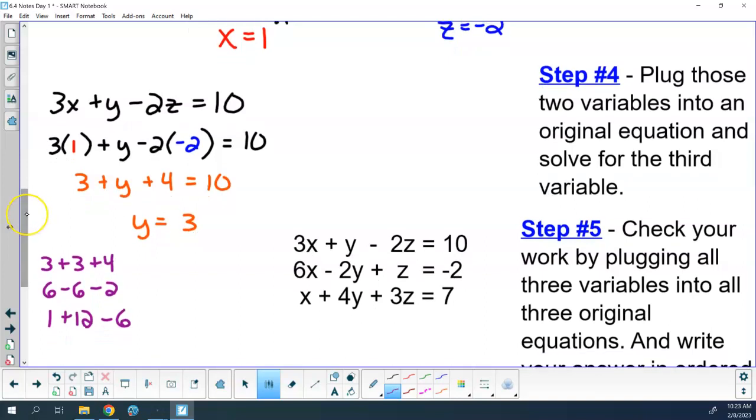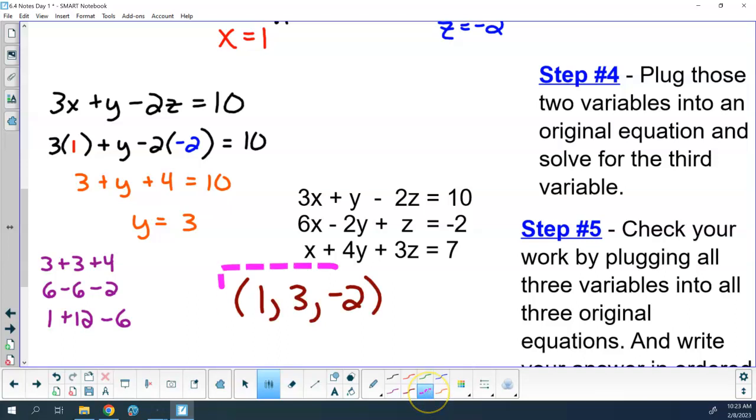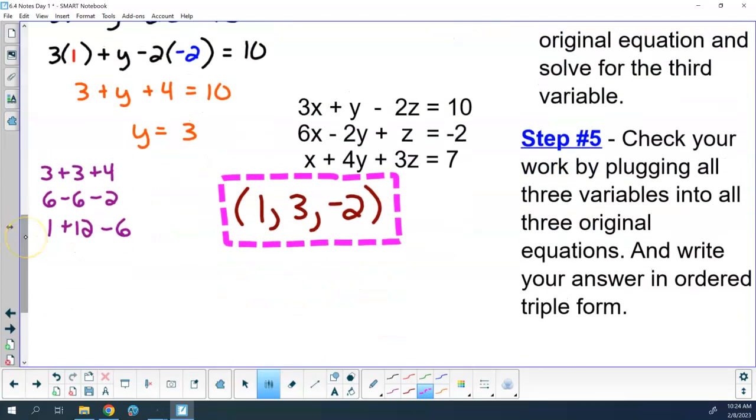Now what we have to do is we're going to write our final answer in ordered triple form. X, Y, Z, or ABC, or alphabetical order. But we write that in ordered triple form, alphabetical order.